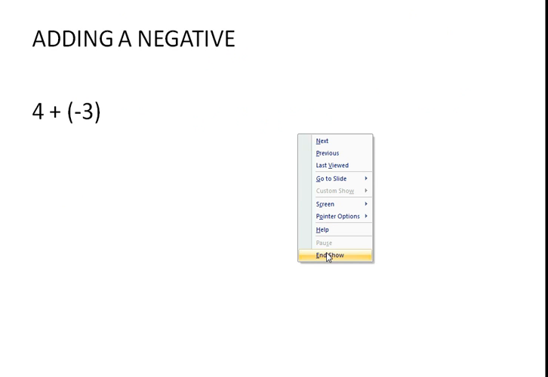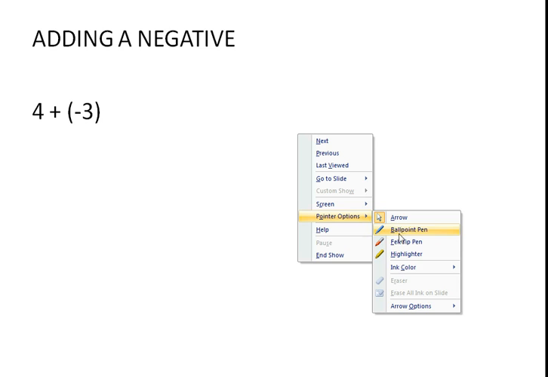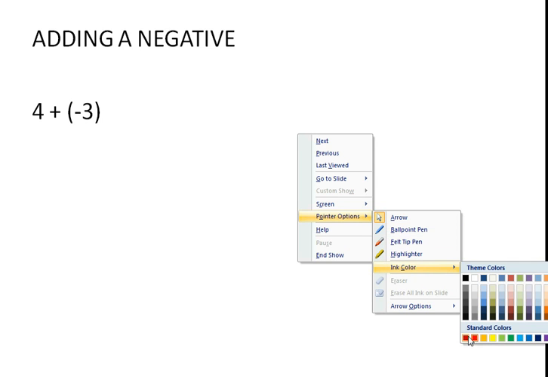So let's take a look at adding a negative first and what that means. So when we add a negative, we're going to illustrate what that means. In this box, we're going to have a certain amount. We're going to start out with 4, because the problem says 4 plus a negative 3.